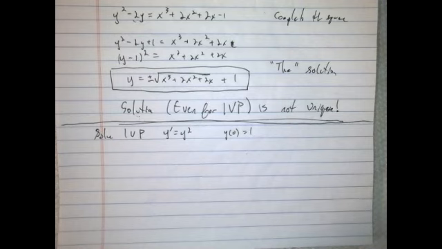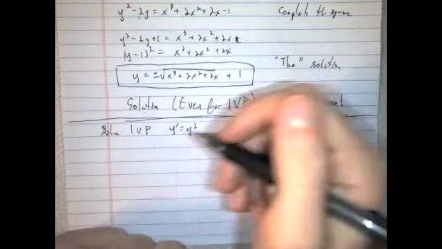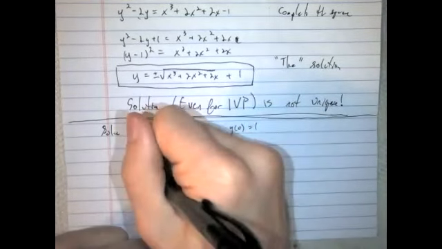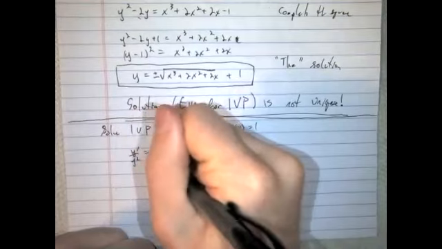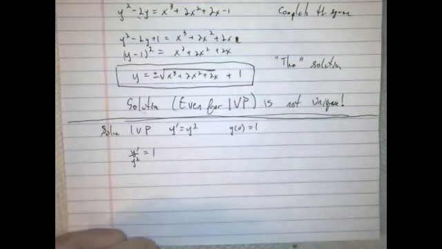Is this separable or non-separable? Separable. Yeah, this is separable. So I can, in particular, write it as y prime over y squared is equal to 1, where 1 is my function of t, say.